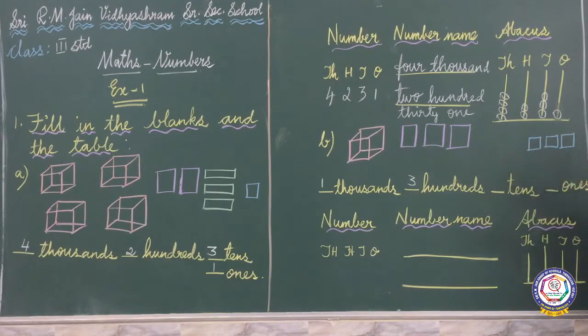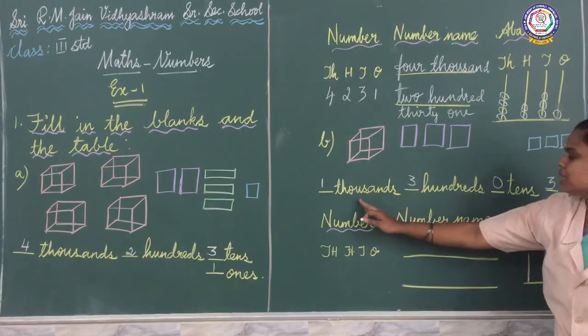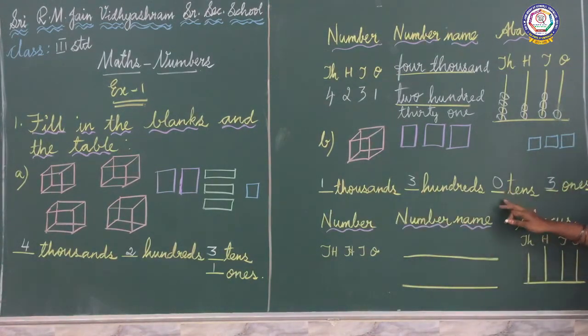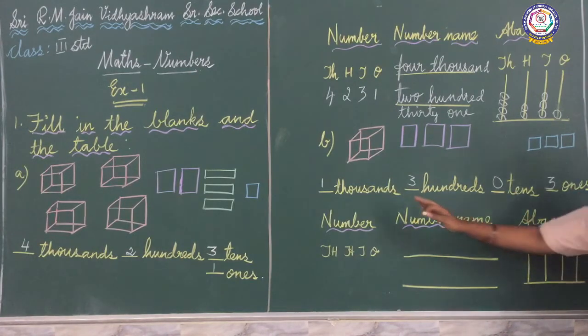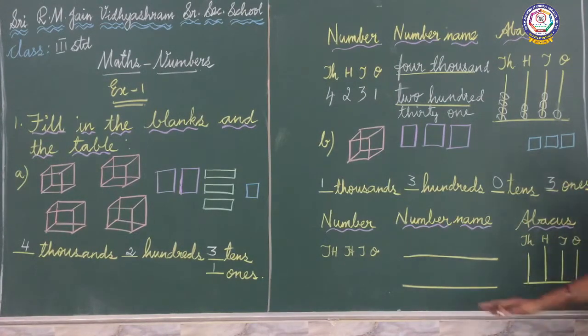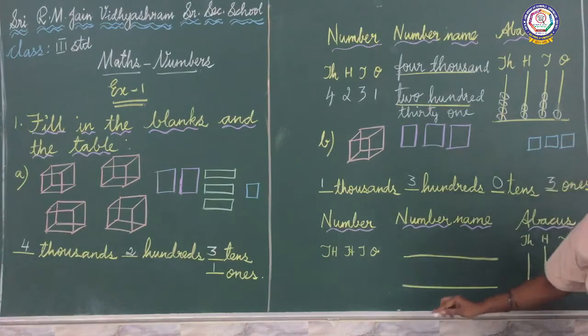Are there tens here? No tens. So what you have to write? 0, because here no tens. Then ones, how many ones? 1, 2, 3. So write 3. So what's the number formed? 1303.